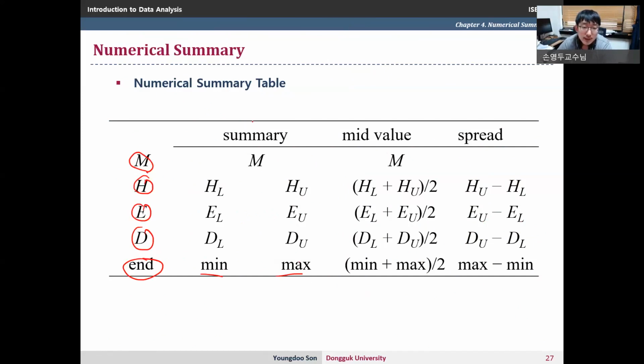And there are three major columns: the summary, mid value, and the spread. Summary has two values, the lower value and upper value. The median has only one value. Mid values are the arithmetic average of these two values, and the spread is the difference of these two values.